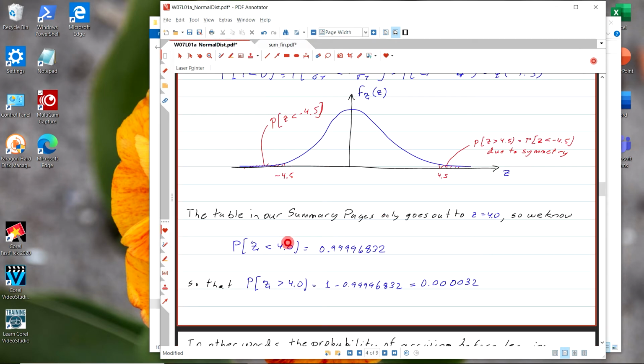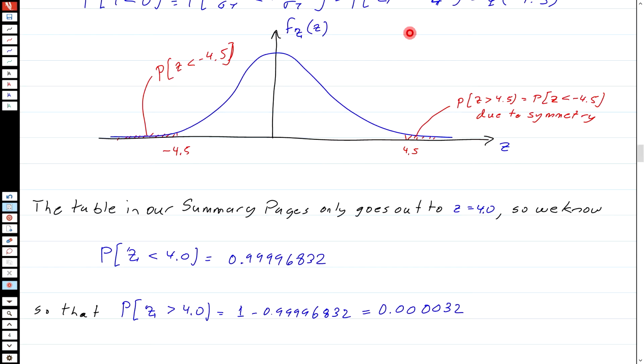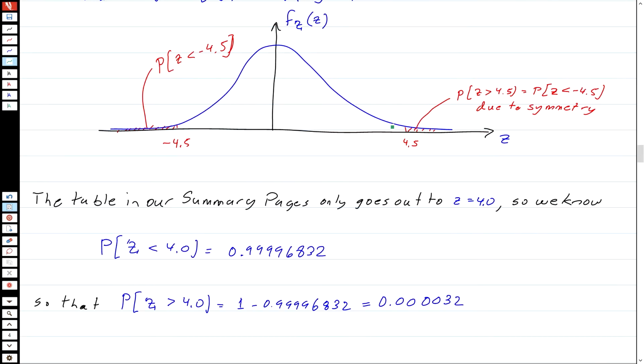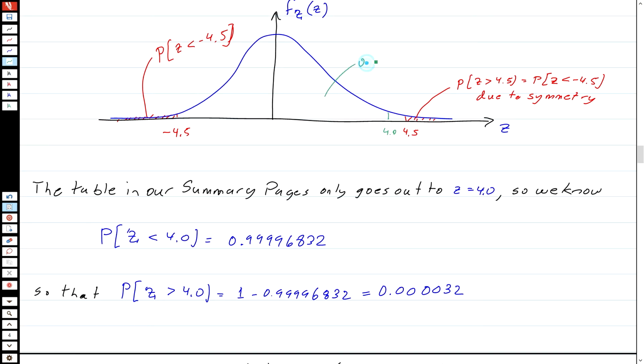So we know that the probability that Z is less than 4 is around here. Let me just go back to full size. So 4 is around here. By the way, these are actually farther out to the right than I'm showing, but I just show them this way. The area to the left of 4 is 0.9996832, and that means the probability that Z is bigger than 4 is this 0.00032 term, 4 zeros 32.